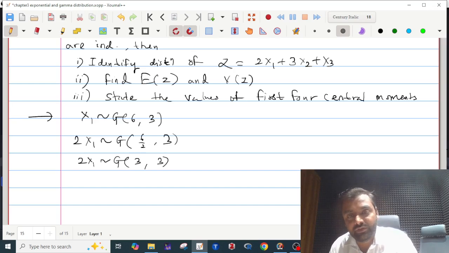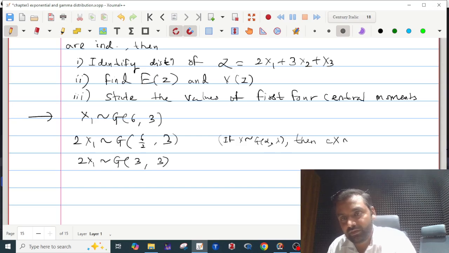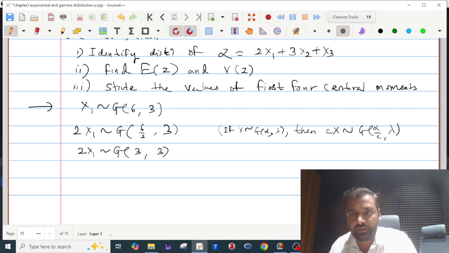Which property did we use here? If x follows gamma alpha lambda, then c times x follows gamma alpha upon c comma lambda.